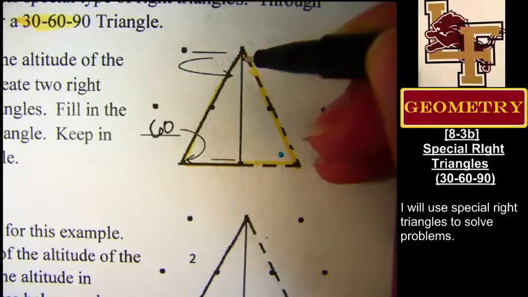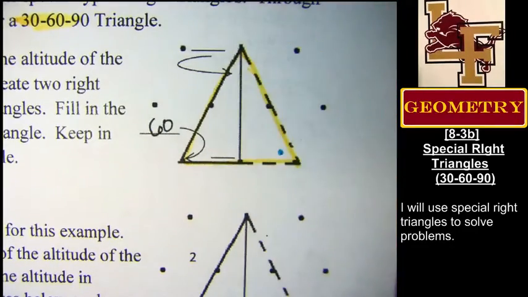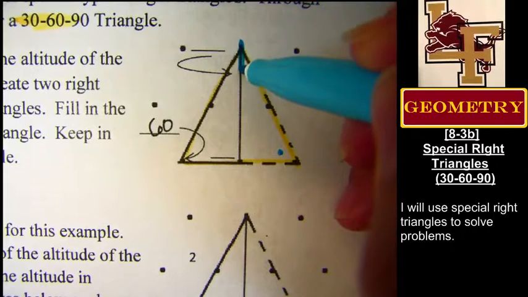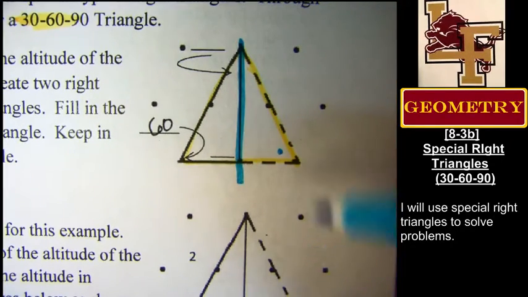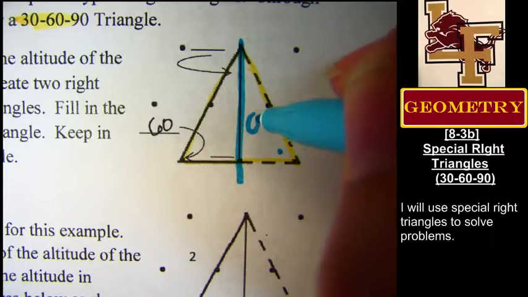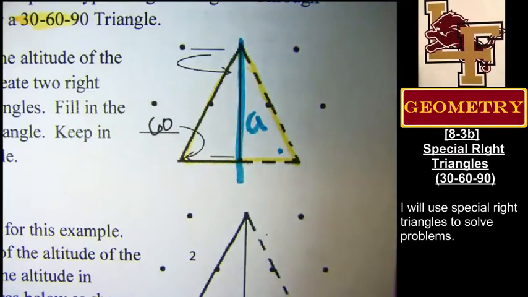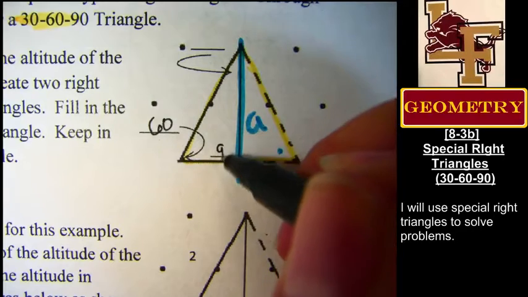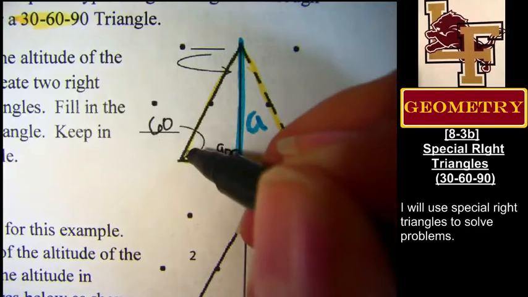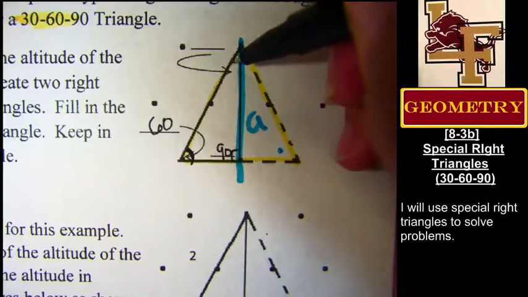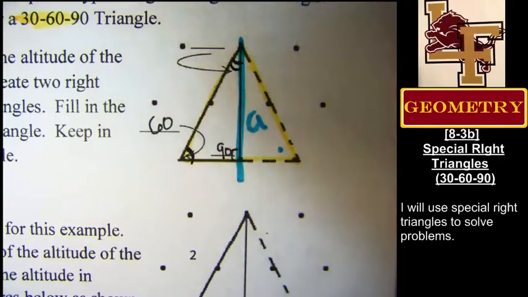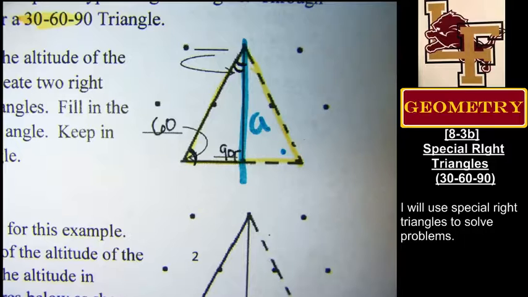And this angle here at the top, the whole thing is 60. But I'm going to cut this equilateral triangle right down the middle at the altitude. Okay? A for altitude. Now I have a 90-degree angle right here in the corner. I have a 60-degree angle right here. How much does this little tiny one have to be? 30.